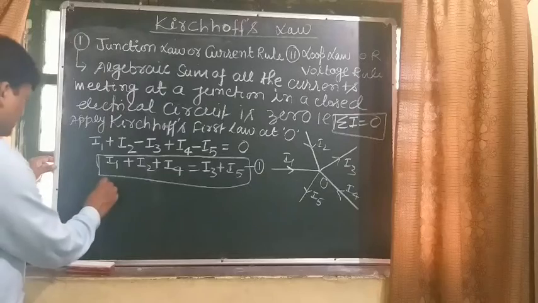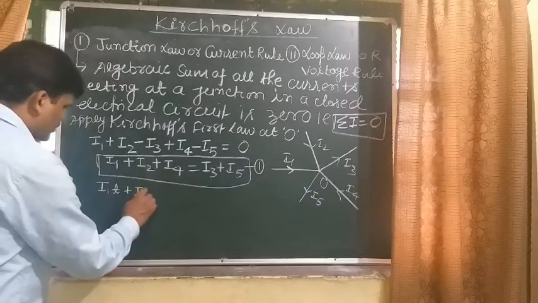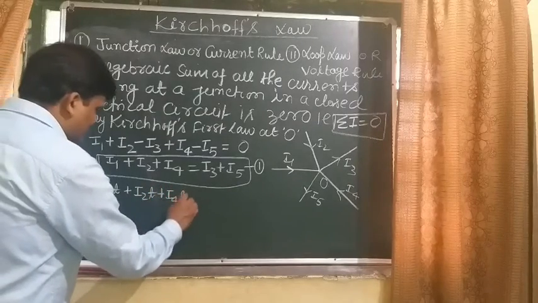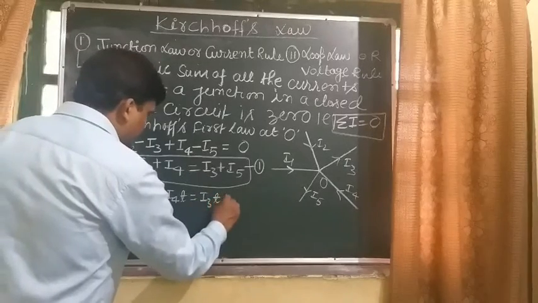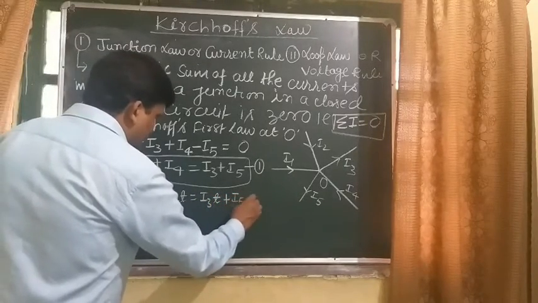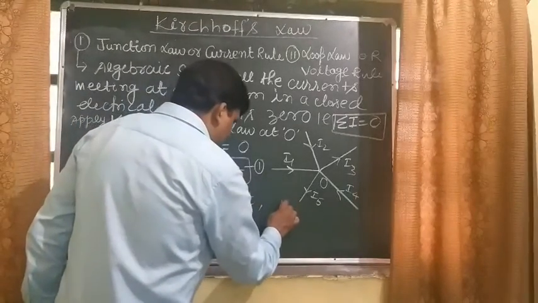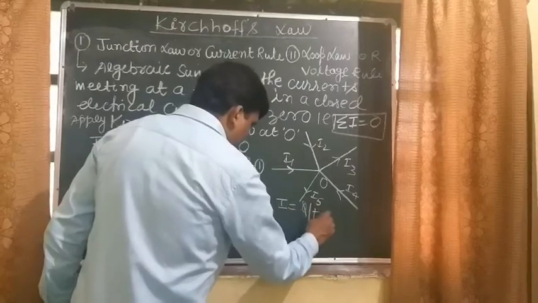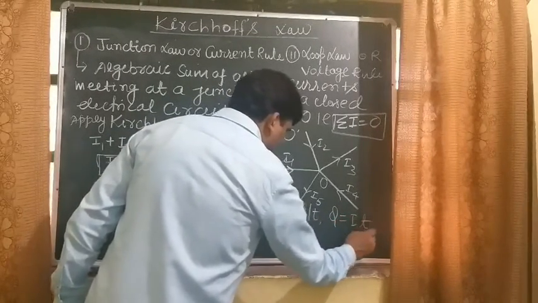So it can be written as I1 t plus I2 t plus I4 t equal to I3 t plus I5 t. And student, you know that current I equal to Q by t, so Q is equal to I t.